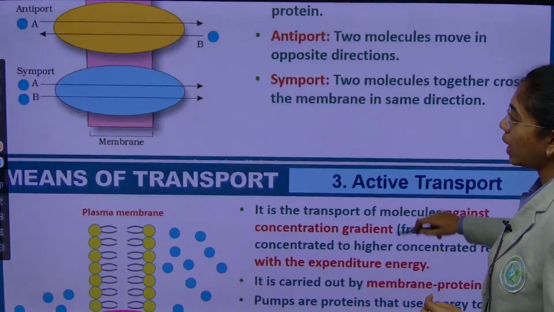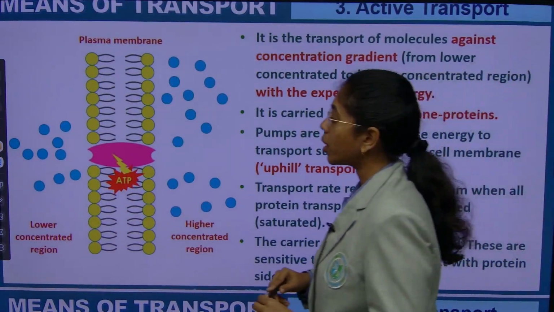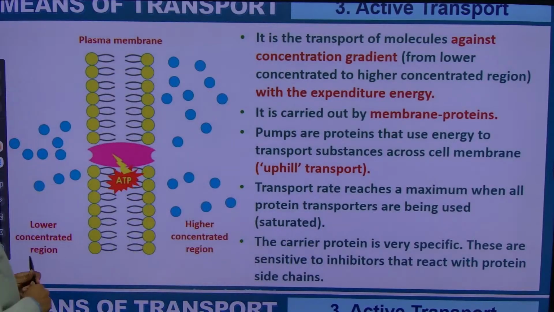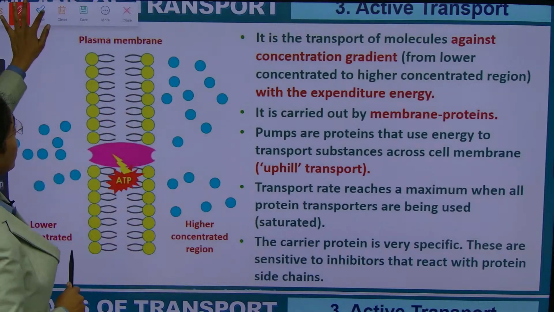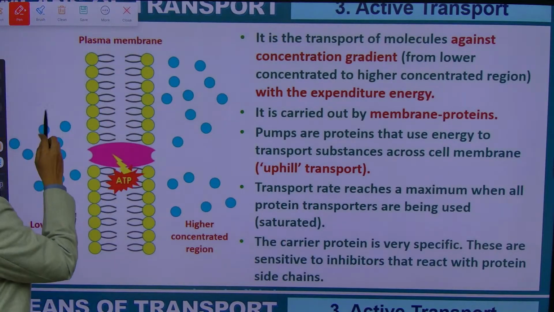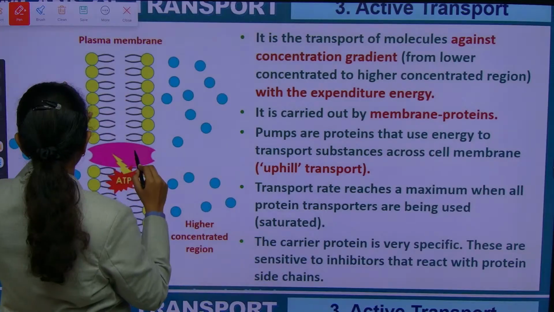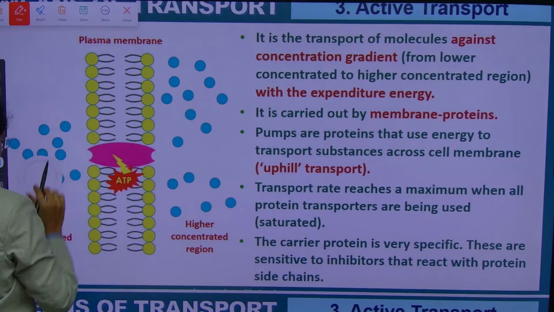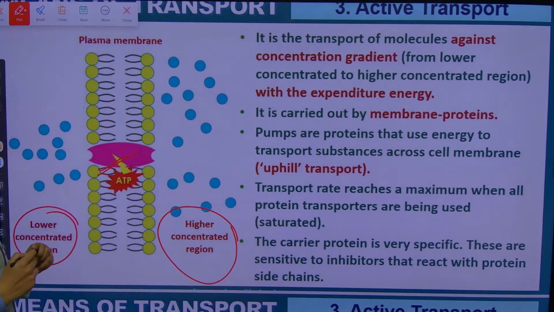Uniport, symport and antiport. Now, active transport. Active transport requires energy. It is transport of molecules against the concentration gradient, which means from low concentration to high concentration, which requires energy, that is ATP.